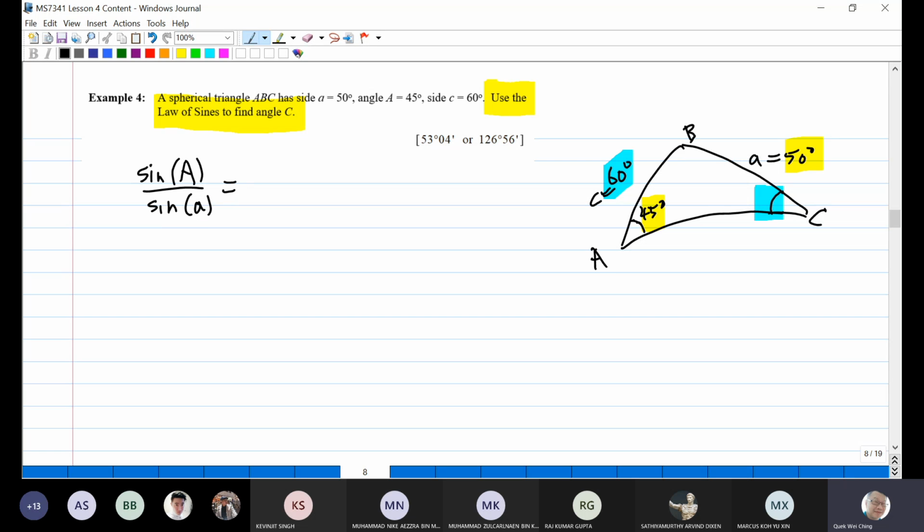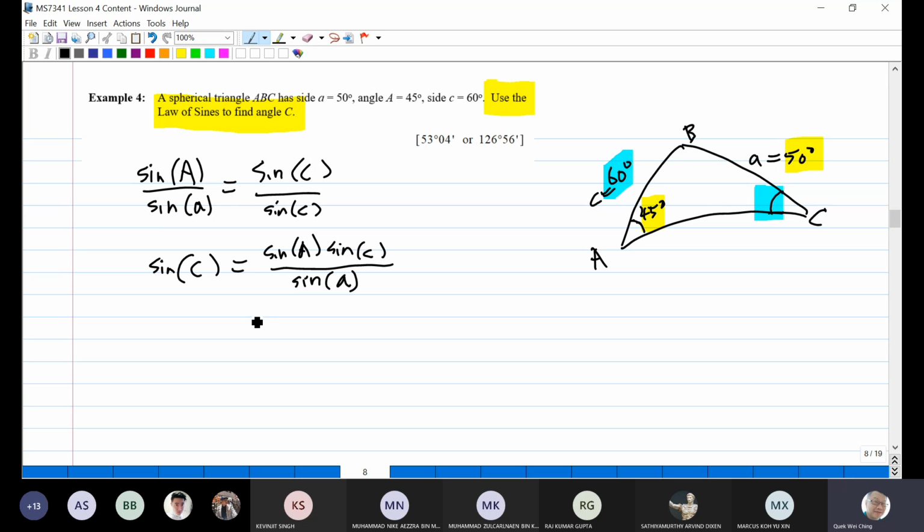Then the sine of angle C, we don't know what angle C is here, over side C. So arrange them. You get sine of angle C, which we want to find, equal to sine of A times side C over side A.